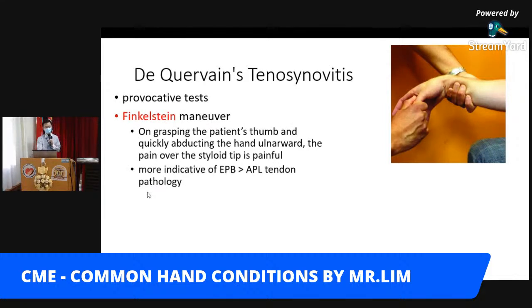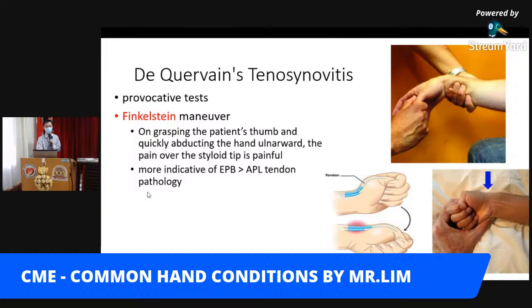There are two maneuvers. Very commonly described is Finkelstein. Finkelstein is grasping the thumb and pulling it in this way, not so hard as shown in the picture here. Very gently. Small pain, the patient feels it already, stop. It's a very, very uncomfortable test, but a very important one to establish the diagnosis.